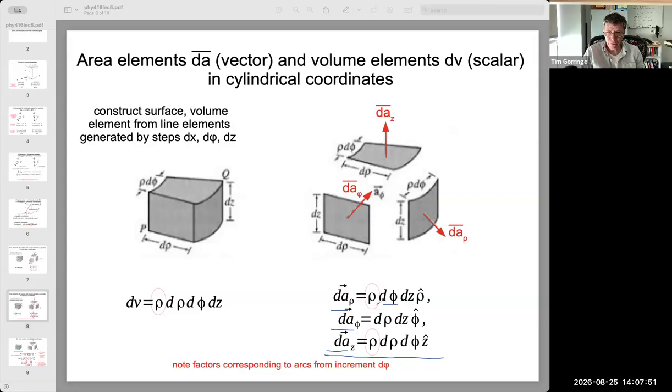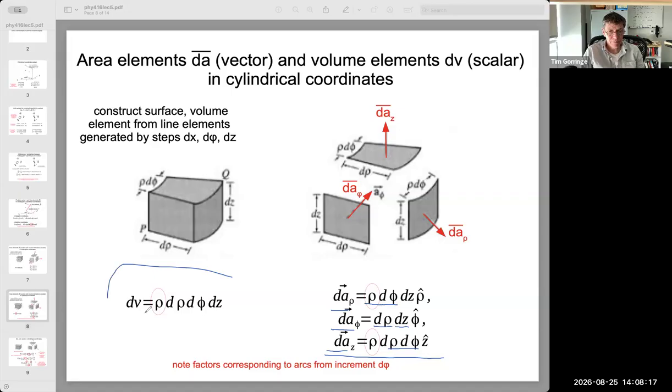Whenever you take a step in phi, the arc that you sweep out is rho d phi. So this is a rho d phi here, and this is a rho d phi down here. It doesn't appear in this area element, the phi area element, because you sweep that out with steps in z and rho. So those are the area elements.